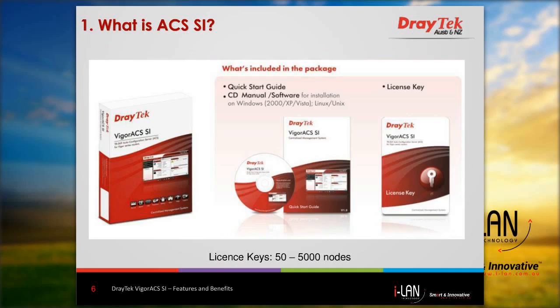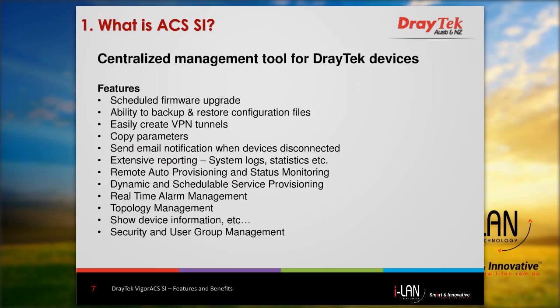Also ACSSI is a software package, and you can see in the picture what the package looks like. It's available from Draytek, and license keys are available from 50 to 5,000 nodes. Just as mentioned earlier, ACSSI is a centralized management tool for Draytek devices.